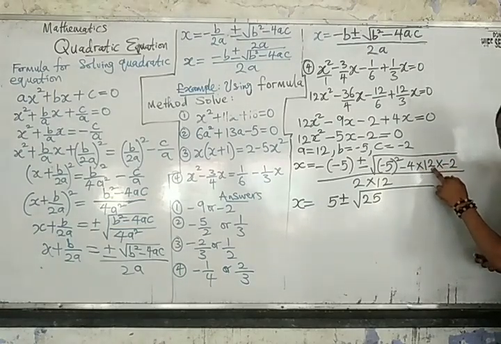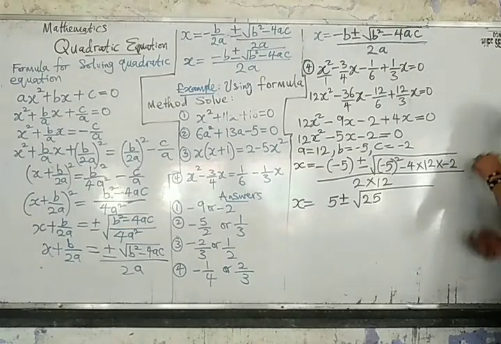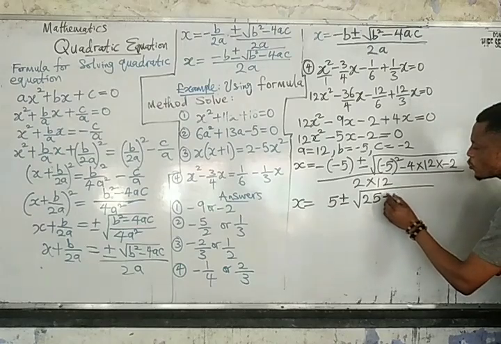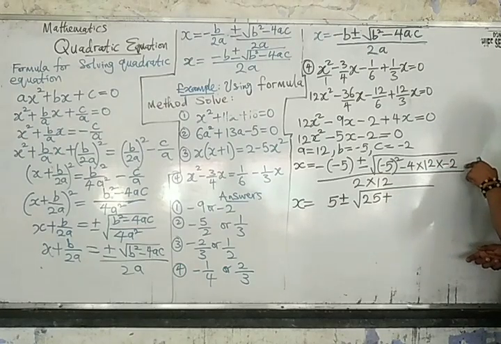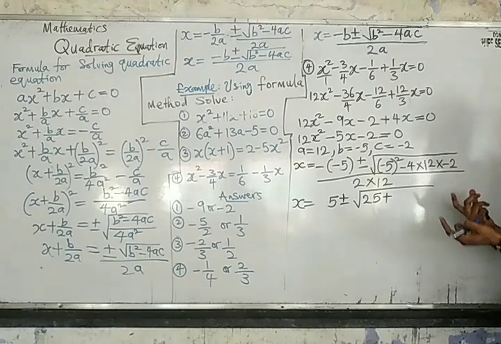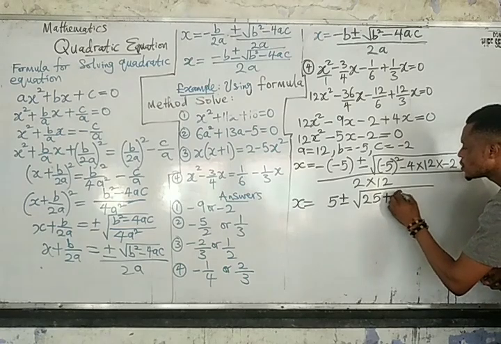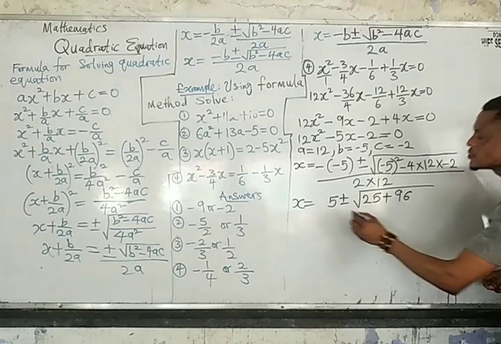Upon getting minus 48 times minus 2, minus times minus plus. So we are going to have plus in the first place. So 48 multiplied by 2 will give us 96.